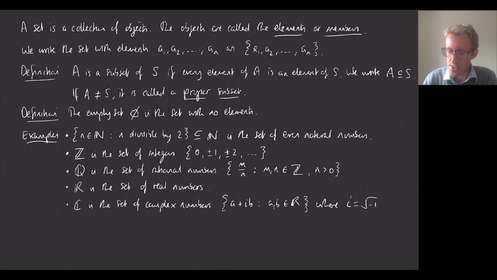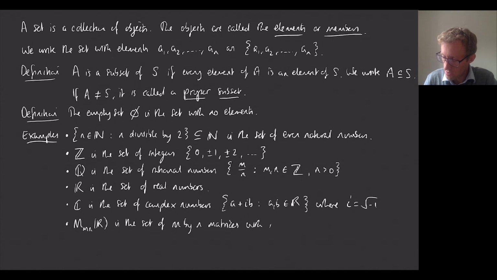Sets don't have to be sets of numbers, they can be sets of other things. In linear algebra, you will deal with sets of matrices. So we could have M_{m×n}(R). That is the set of m by n matrices with real coefficients.